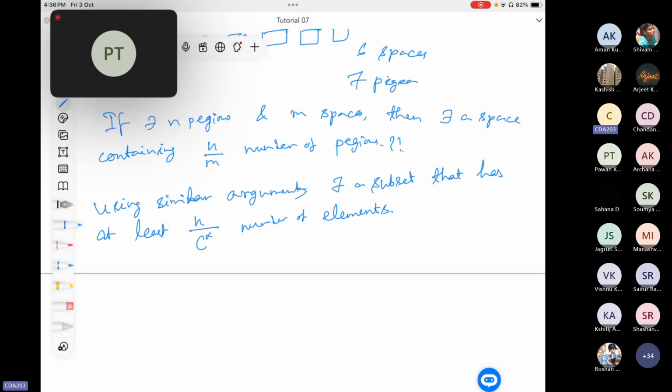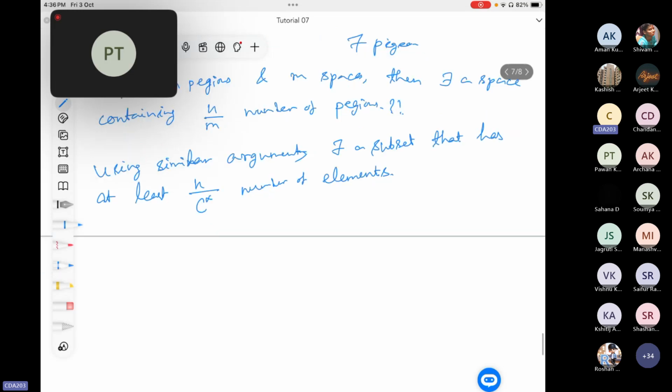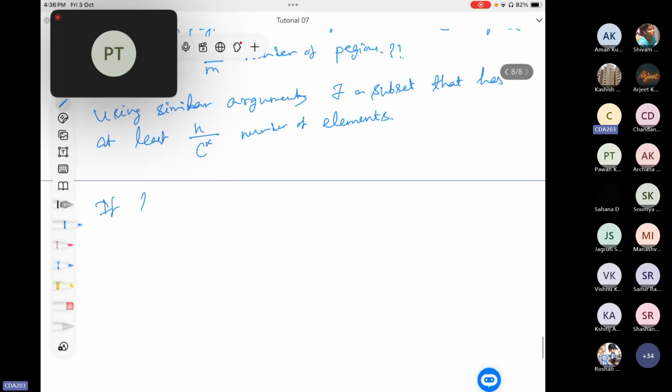And this could be the maximum size. Whatever maximum size subset you have chosen, the size should be at least n by C star. So in your first choice, you'll choose some subset that is of size at least n by C star.